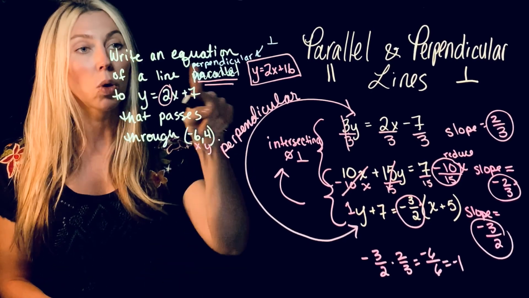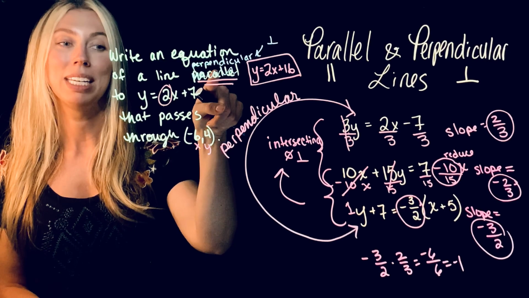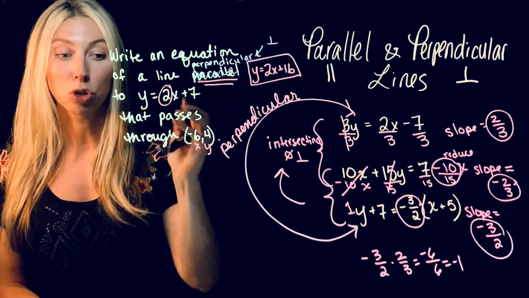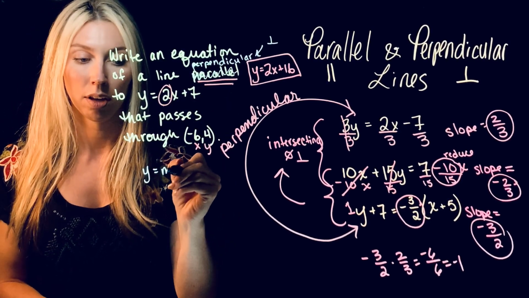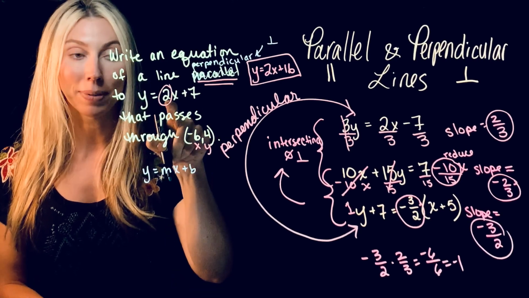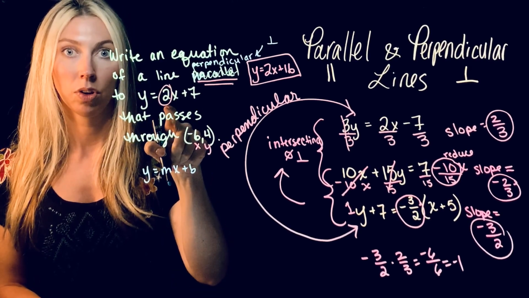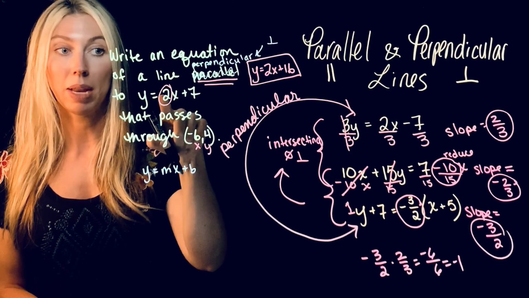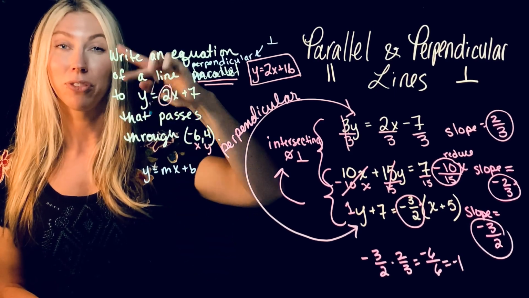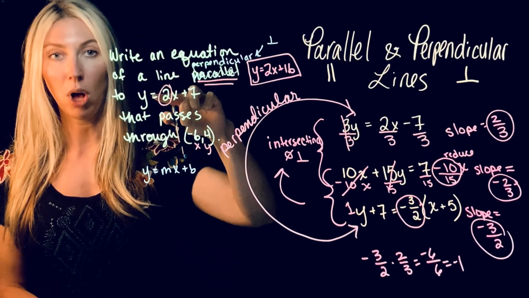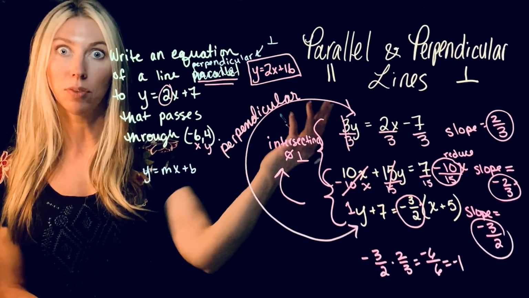Anyway, so if now I want my equation to be perpendicular to this line, I don't want to use 2 for my slope. I want to use the opposite reciprocal of 2. So I have to change the sign, go from positive to negative, and flip 2, which is really 2 over 1, flip it and make it negative 1 over 2.